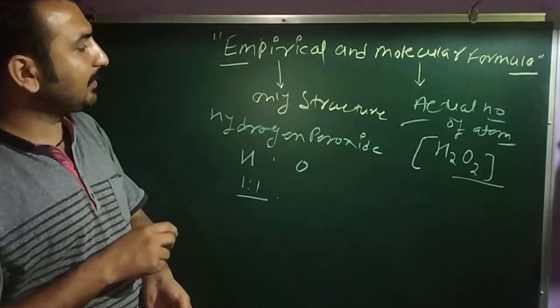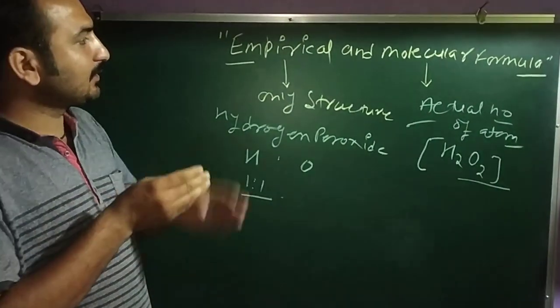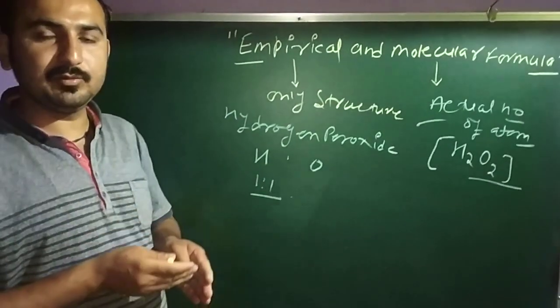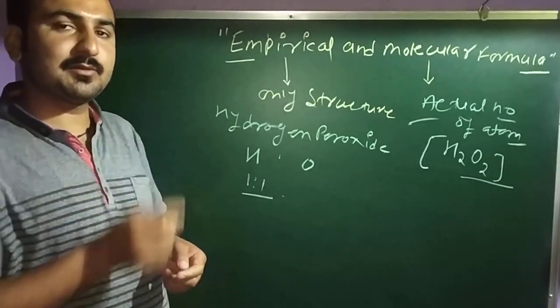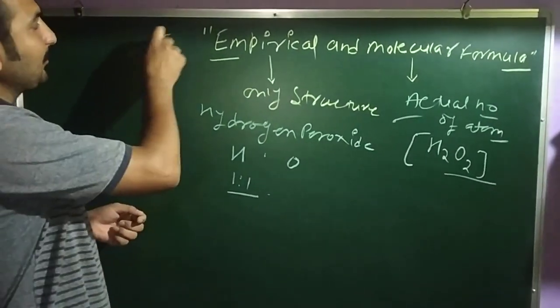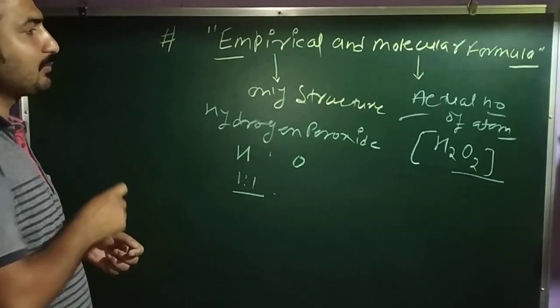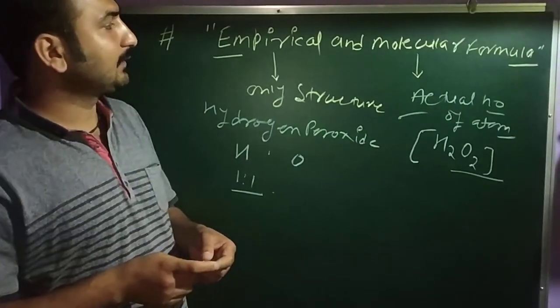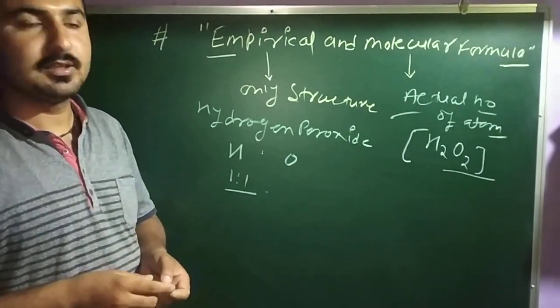So how do we generate the empirical and molecular formula of any compound from the given information? Clear? This is a very important topic, and a very important question comes from this topic in your examination: to find the empirical and the molecular formula.